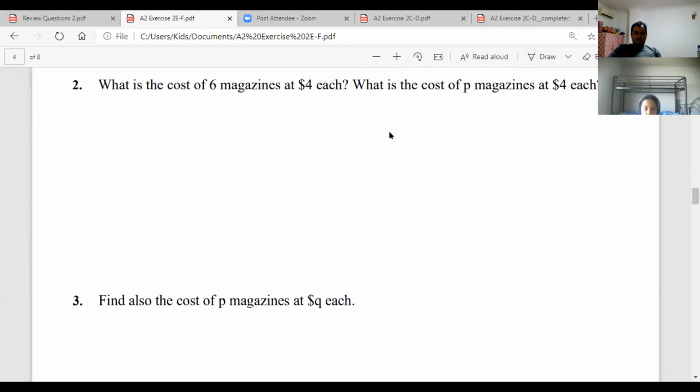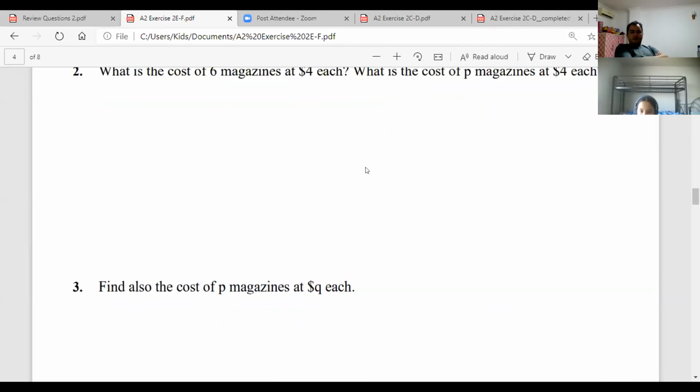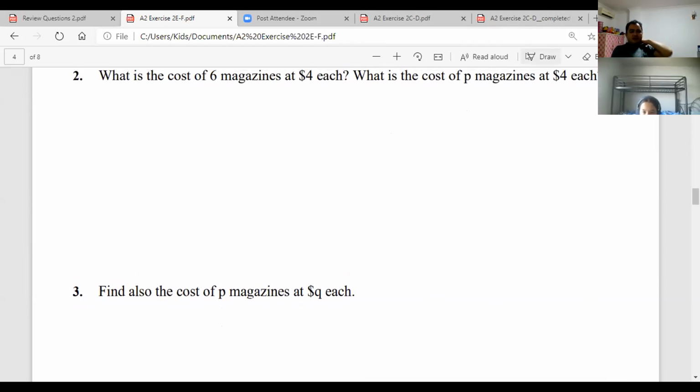What is the cost of 6 magazines at $4 each? What is the cost of P magazines at $4 each? So we have two questions here. Let's say number one: what is the cost of 6 magazines at $4 each? We just multiply, right?